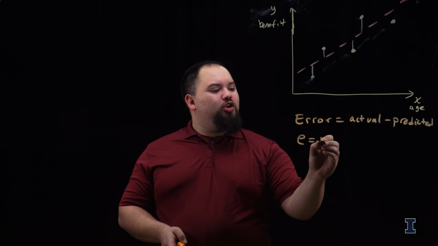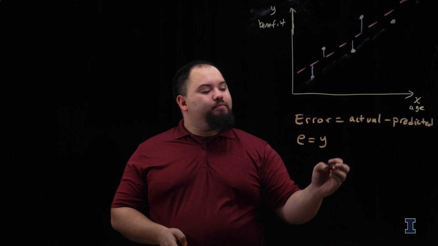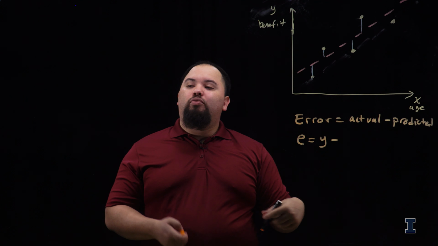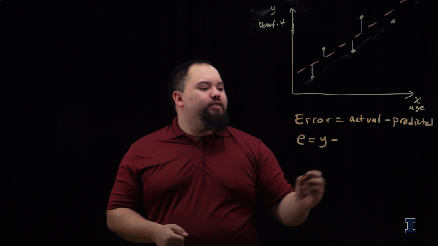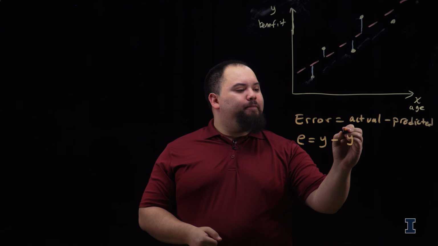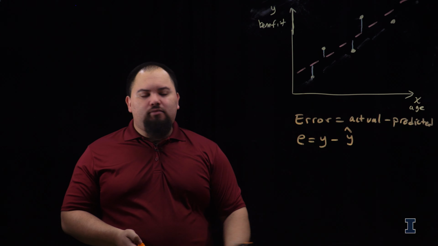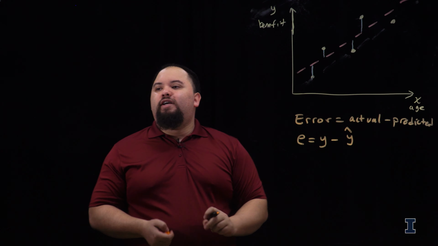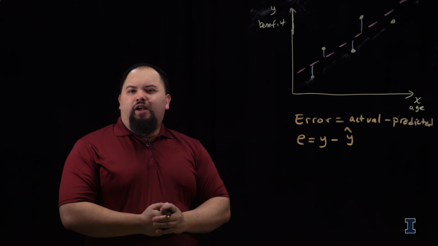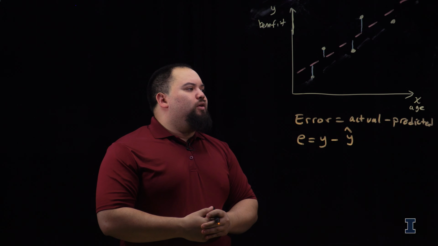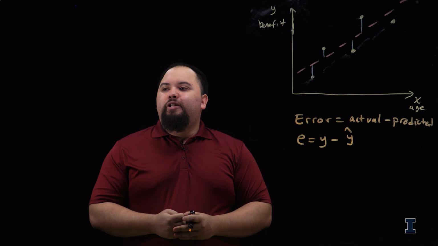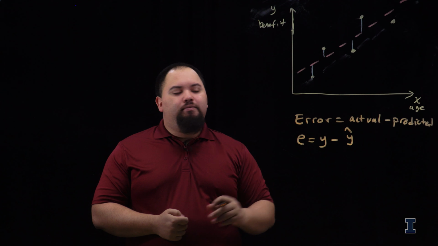The actual value is our actual y value. And our predicted value, we'll describe this in a couple of different ways. One way is with a y hat, where the hat on top indicates that this is a predicted value, not a real value. It's not from our data, but it's based off of the line that we created.